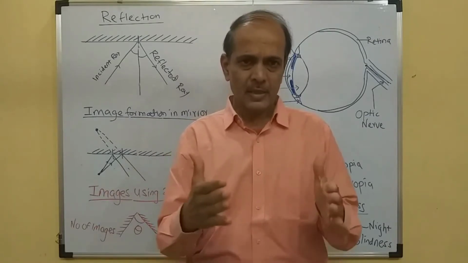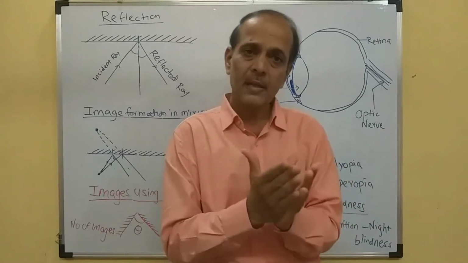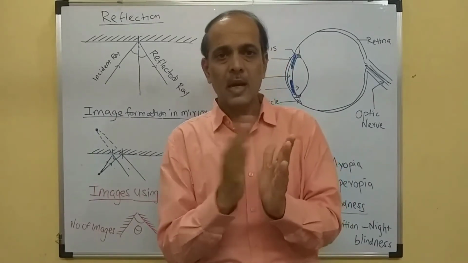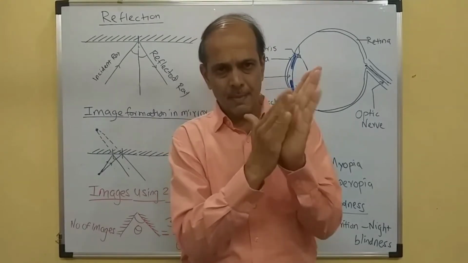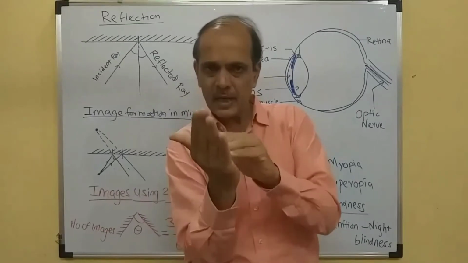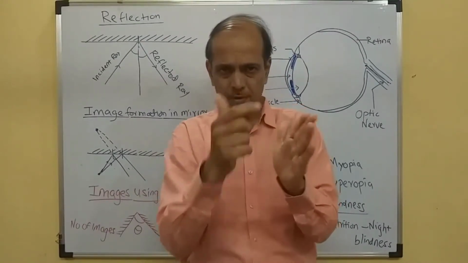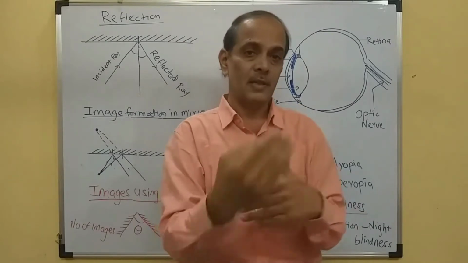That is the way when there is more than one mirror reflecting one object. The image in this mirror becomes the object for this one and it once again bounces. So that bouncing of images gives you multiple images.